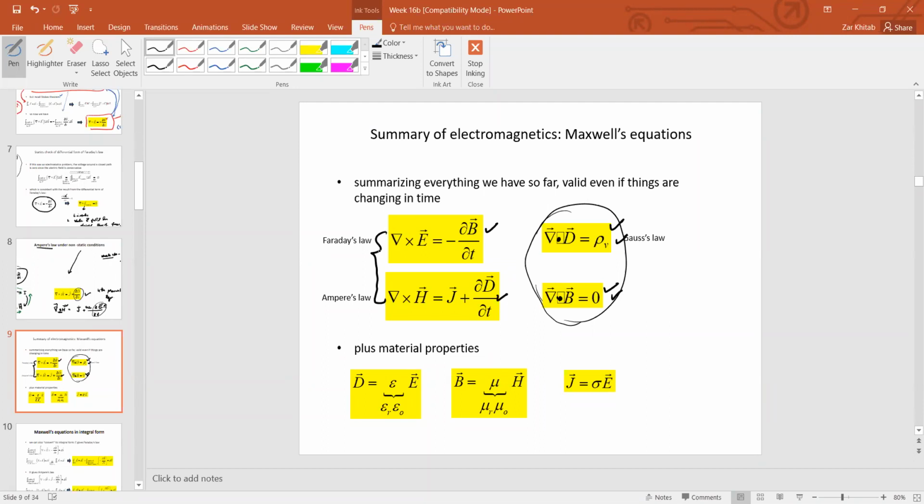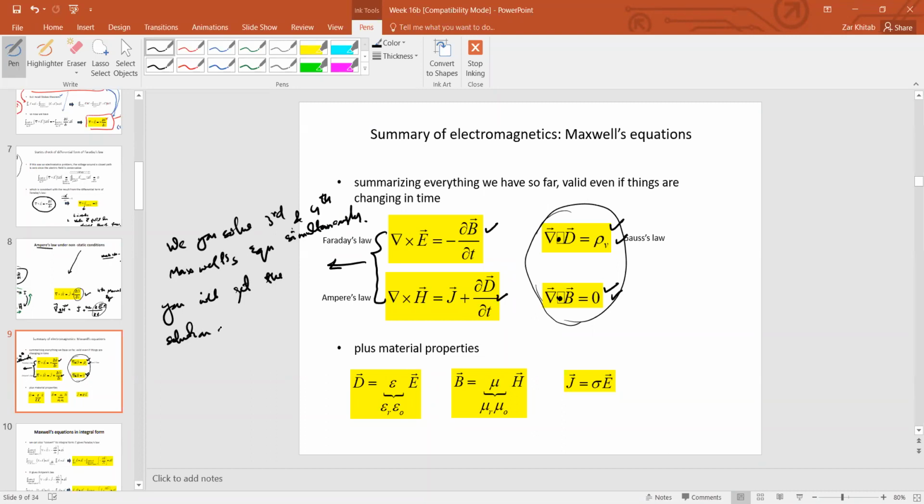When you solve the third and fourth Maxwell's equations simultaneously, you will get the solution of the electromagnetic wave.